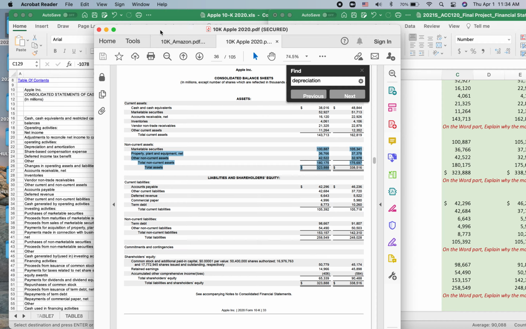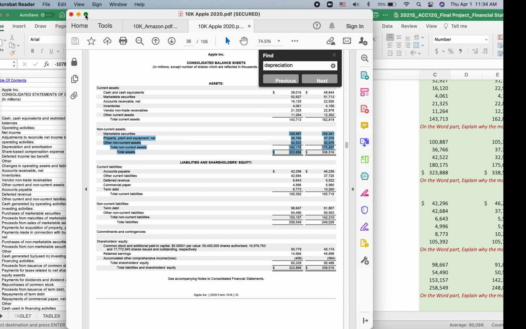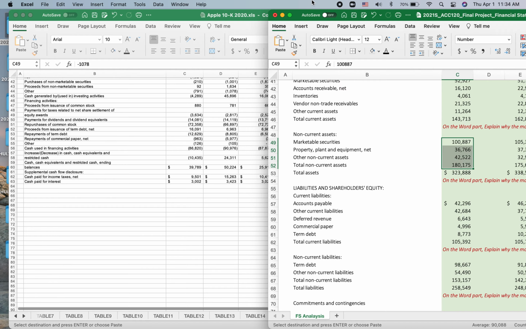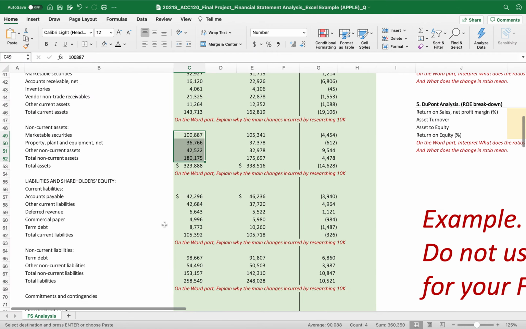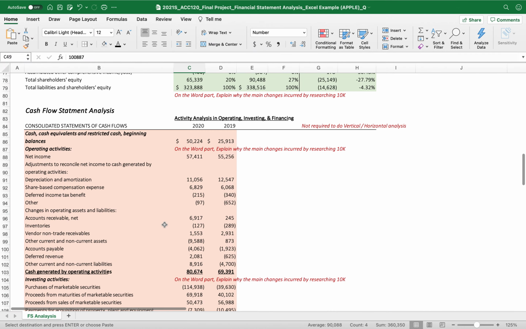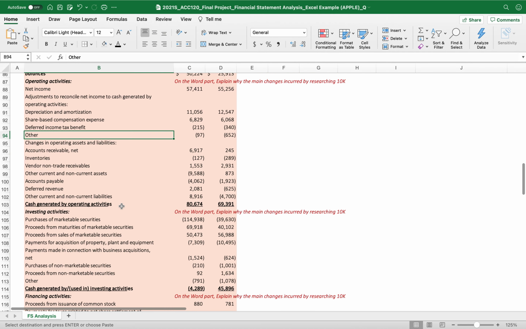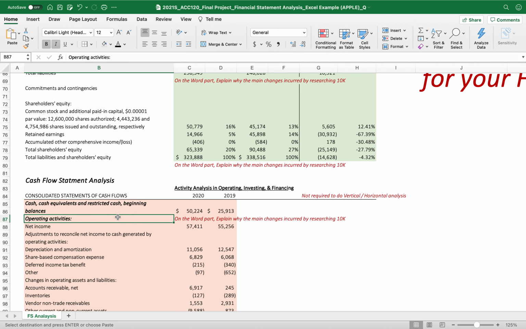But if you download the Excel file, it's much easier to copy and paste this information, okay? Also, you can just copy and paste the income statement, the consolidated statement of operations, and the cash flow statement.